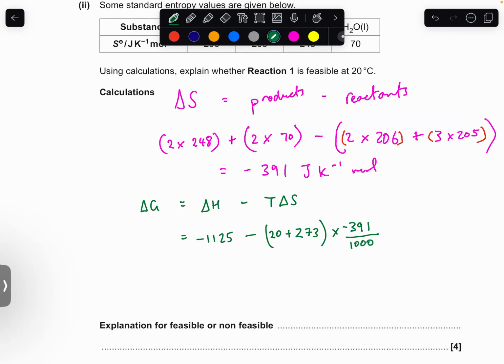Just put double brackets around this all, and that will give us our answer.